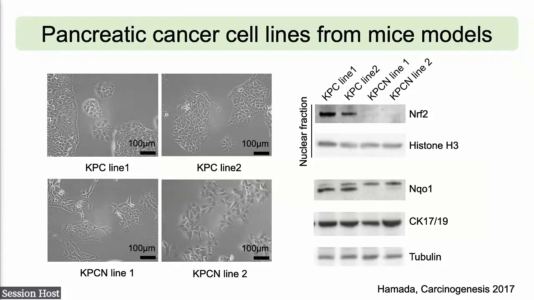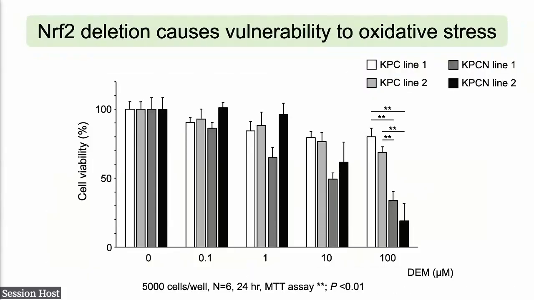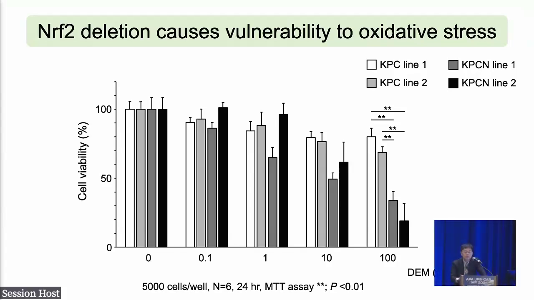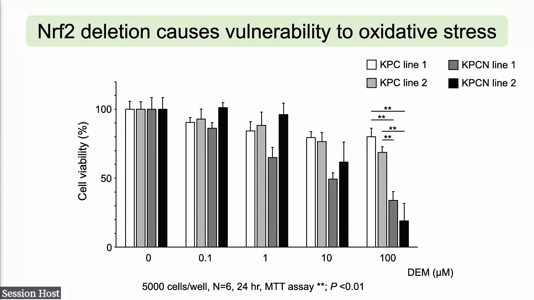Ductal molecules CK19 and CK17 were expressed to a similar extent. CDDO-Me is a typical NRF2 inducer that attacks KEAP1. And its treatment significantly decreased cellular viability of NRF2 null pancreatic cancer cell lines. So this data confirmed vulnerability to oxidative stress by NRF2 deletion.